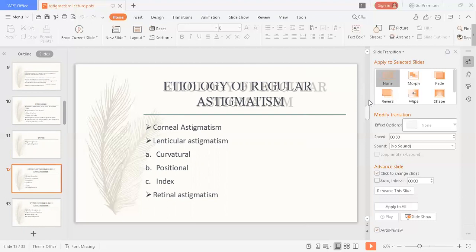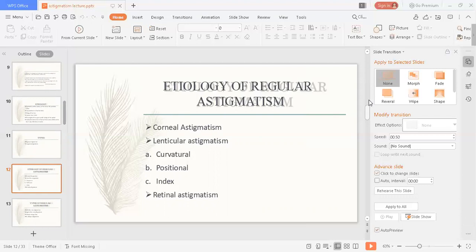So again, it can be corneal, which I already told you. Normally the vertical meridian of the cornea is slightly steeper, meaning more convex, than the horizontal meridian. This is called with the rule astigmatism. And against the rule astigmatism means the horizontal meridian is more curved than the vertical meridian.